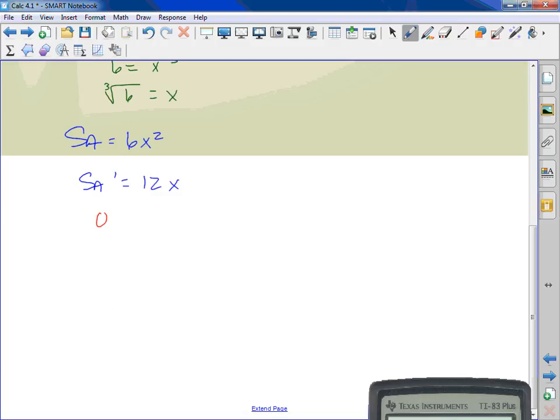Make that 0. Divide by 12, x is 0. So what does that tell me? I have a critical value at 0.